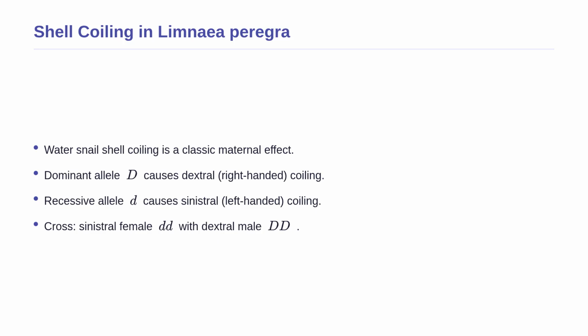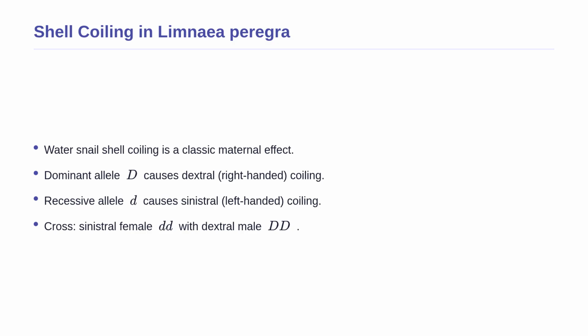Now that we have our mathematical foundation, let us look at a classic genetic problem involving the water snail Limnaea peregra. In this species, the direction of shell coiling is determined by a maternal effect. The dominant allele, capital D, causes dextral, or right-handed coiling.